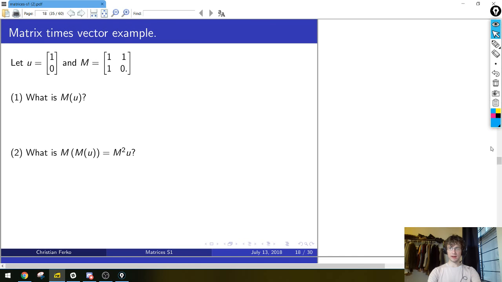Okay, so now you're just going to hammer several examples on this until it becomes automatic. I've given you a matrix M, 1, 1, 1, 0, which I think is the same as the one I showed a moment ago, and an input vector u, which is 1, 0. Remember, a matrix is just a function, so I've used the notation of function M applied to input u.